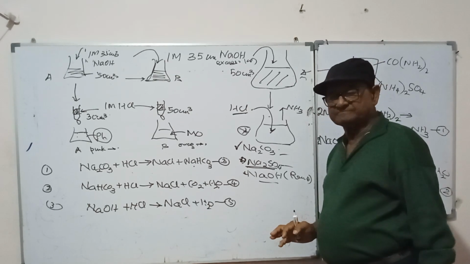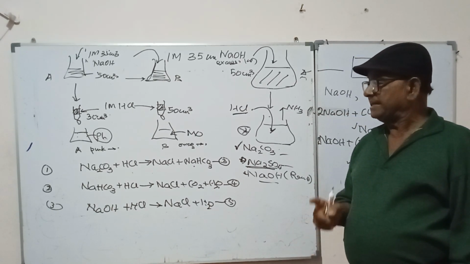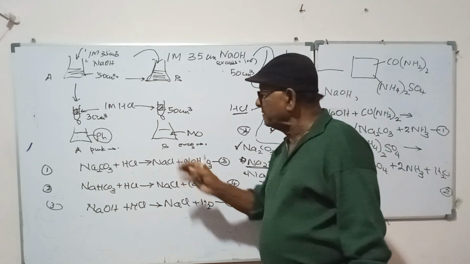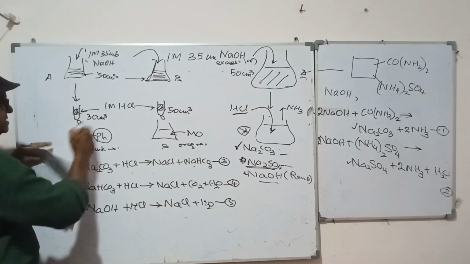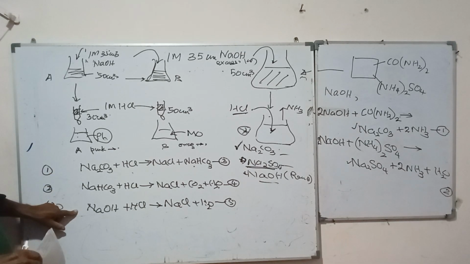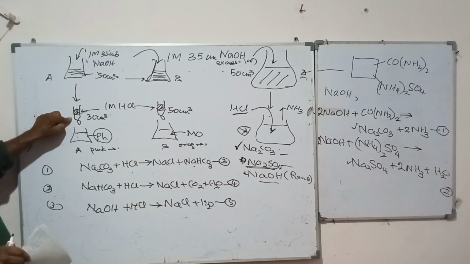Is it clear? Right? Then if the same reactions and identical solutions are used, the same reactions should occur in both. But here the burette reading becomes 30 cubic centimeter.